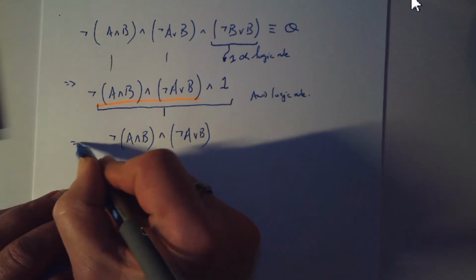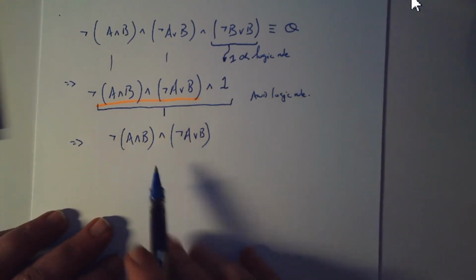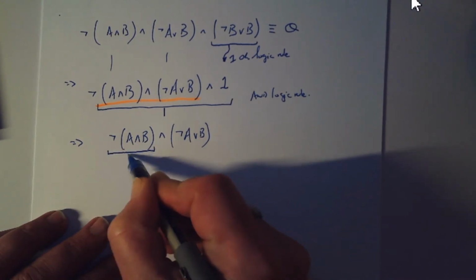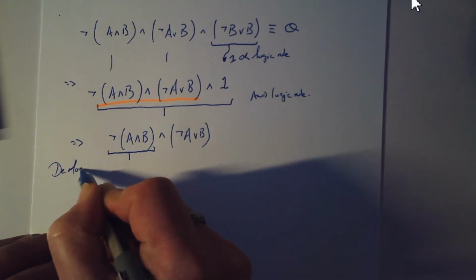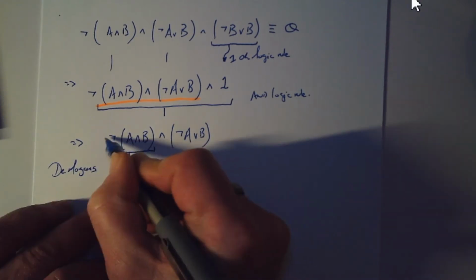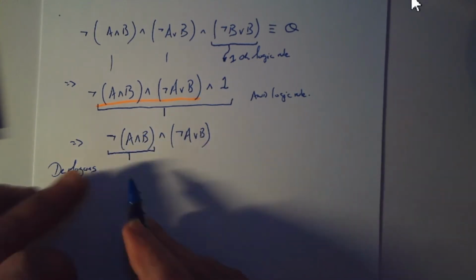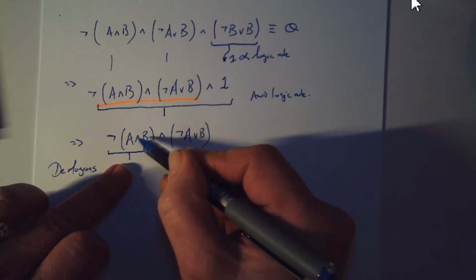So can we now see an opportunity to simplify this further? Well, you may have spotted that this term here we can apply De Morgan's to, because we have a negative outside a bracket with a set of terms inside. We need to be really careful here to flip the operator.